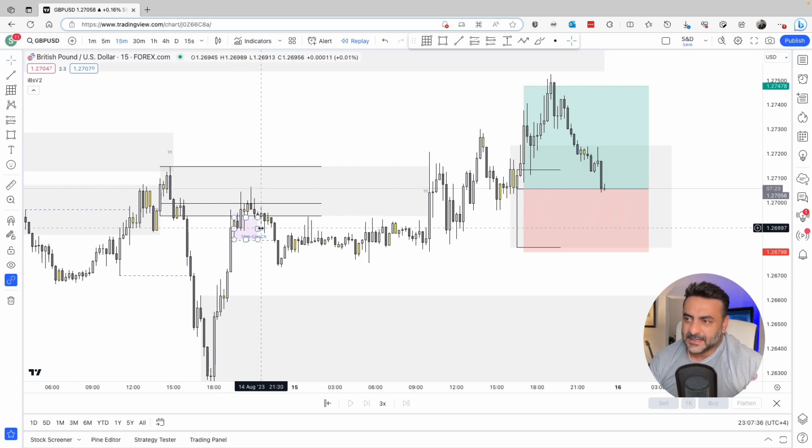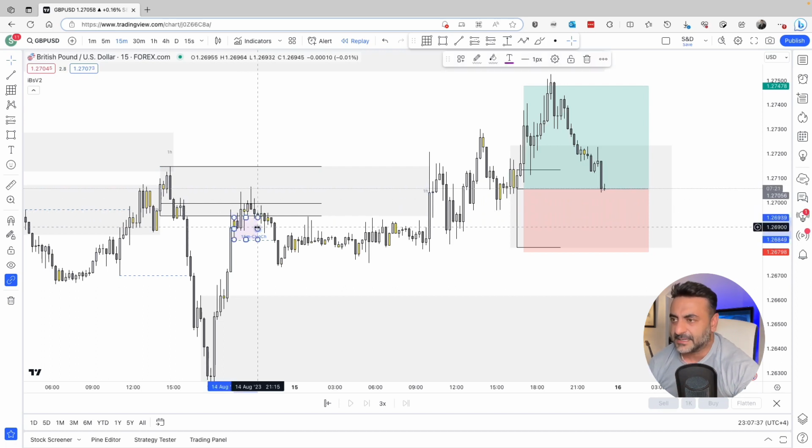So for me, at this point in time, this demand is done, because this demand did what it's supposed to do. It took the liquidity, and whoever was trying to push the price on the other side, large funds, whatever it is, were not able to do so, and that last demand was able to contain price and keep moving it upwards. So for me, that zone is done, because it's done its job.